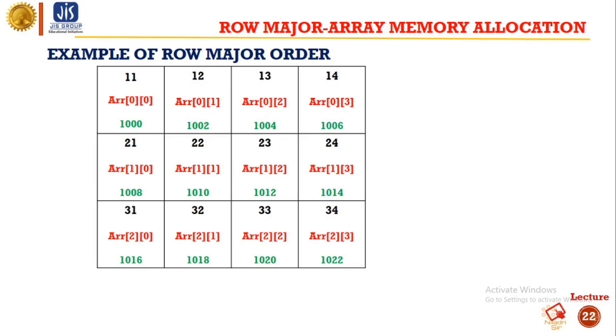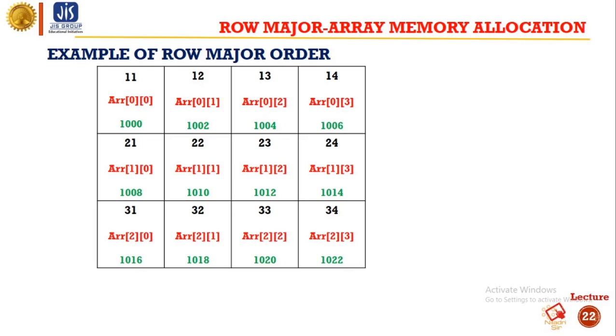So 11, 12, 13, 14, 21, 22, 23, 24: these are the positions. 11 means first row, first column. 12 means first row, second column. 13 means first row, third column. And A14 means first row, fourth column.